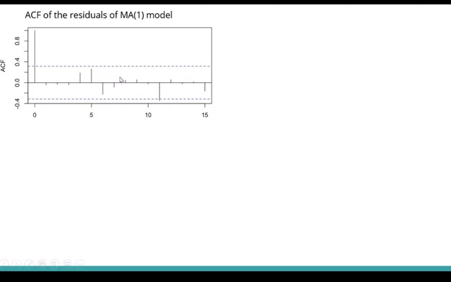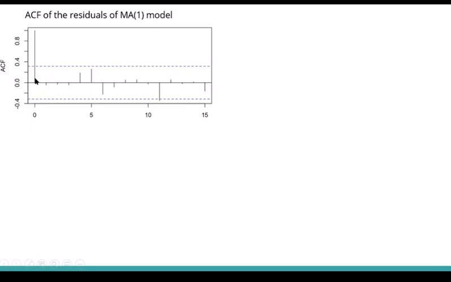What do we expect the behavior of the ACF of the residual to be? We expect virtually all the autocorrelation values to be within the blue dotted line. Remember that for them to be within the blue dotted line means they are actually zero. It is only when that happens that we can say the residual behaves like a white noise.